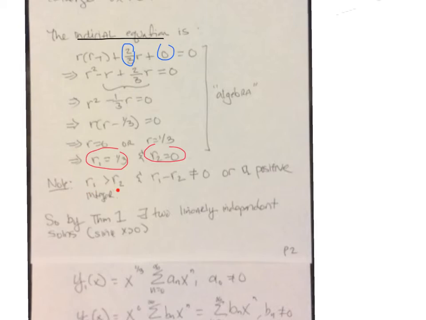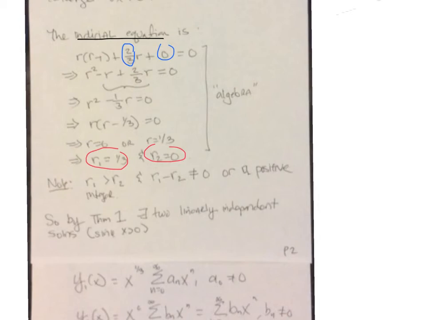And note that R1 is strictly greater than R2, 1/3 is greater than 0. And if you subtract these guys, you get a third, which is clearly not 0 or a positive integer. It's a rational root. 1/3 minus 0 is a third, and that's not an integer. So by Theorem 1, this backwards E means there exist two linearly independent solutions.